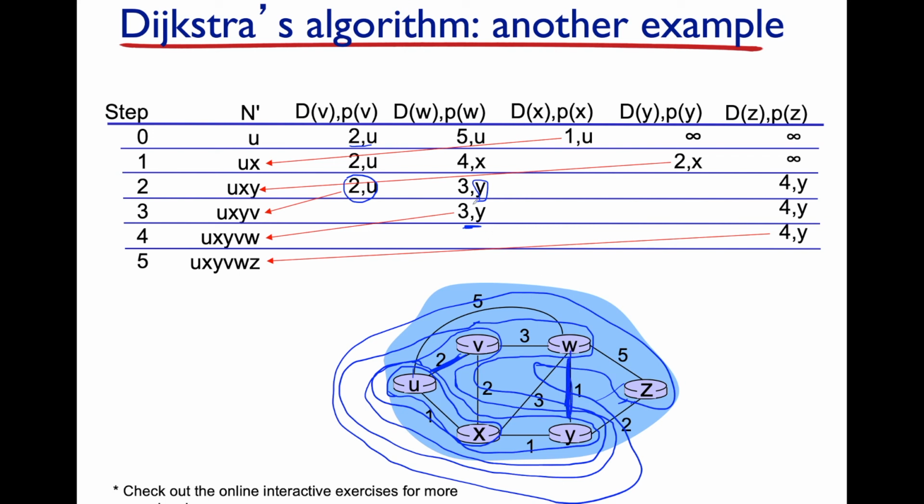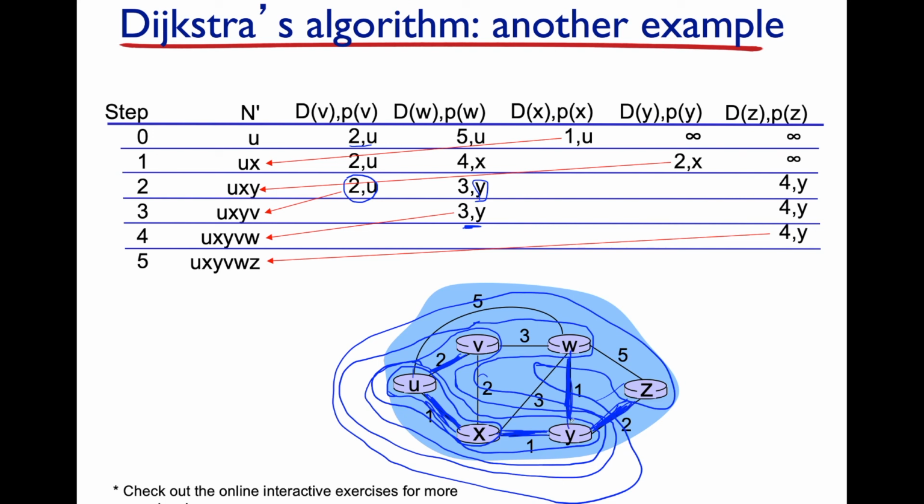So now u to x is going to be, predecessor is u at a cost of 1. So it's going to be this link. Likewise, we have u to y. It's going to be, predecessor is x. So that's this link at a cost of 2. And then finally, z, u to z, the predecessor is y at a total cost of 4.